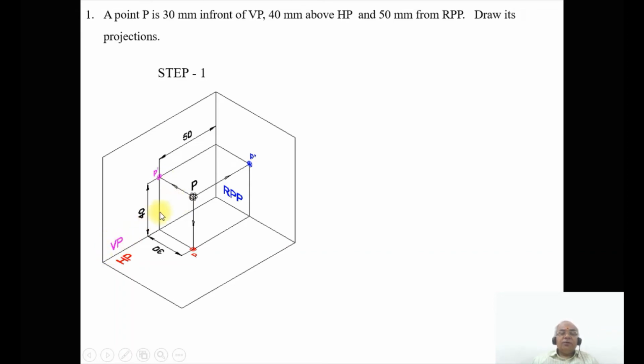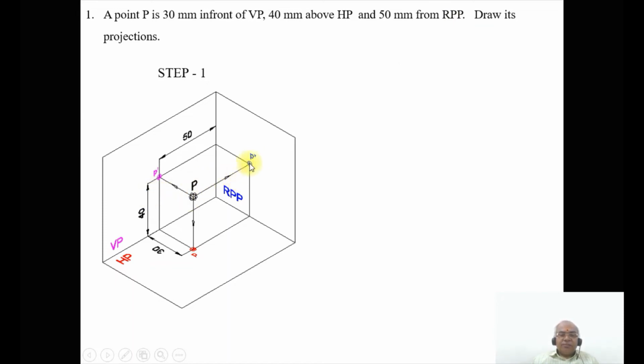Therefore, on the right profile plane you will always see the left side view in the first quadrant. So when you look from the left side view, what is the condition? It says it is in front of RPP. So the condition here, it is 50 mm from RPP, means it should be in front of RPP.